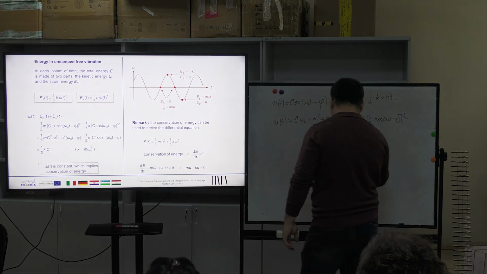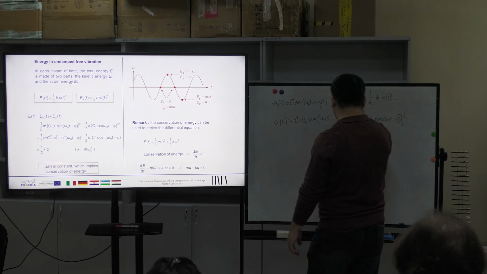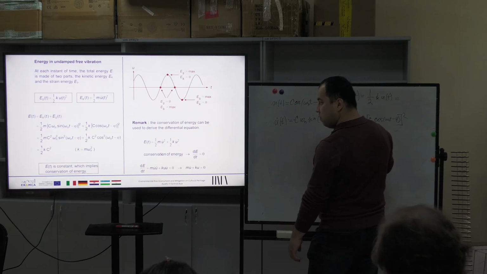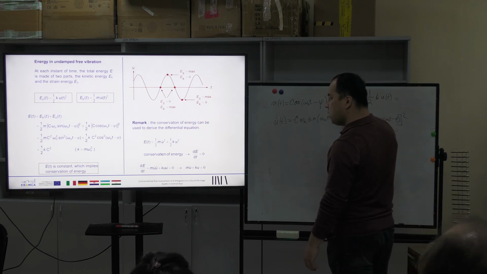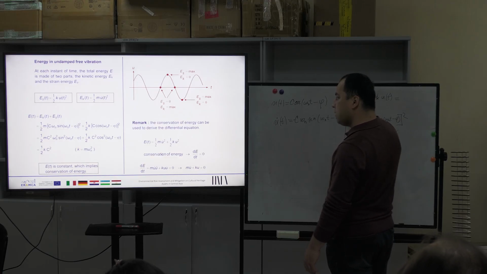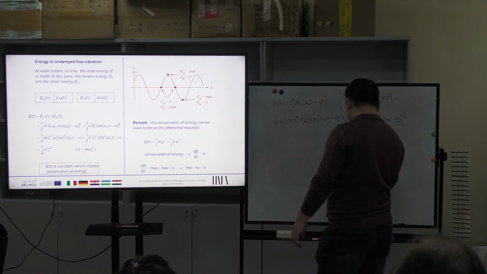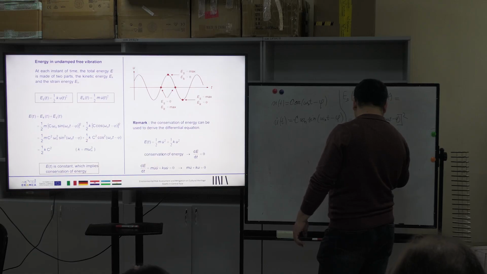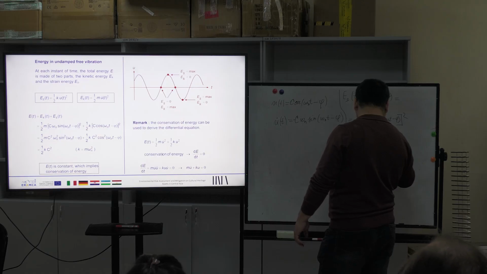Total energy we will derive by that way. E. So this is strain, and kinetic and strain. So this is strain energy, this is potential energy. This is kinetic energy, equal to 1 over 2 m u dot squared of t.